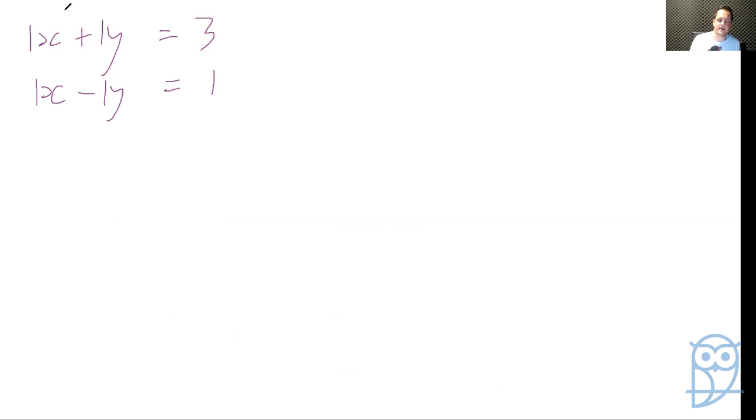So maybe, just maybe, this is the result of matrix multiplication. So I said to you, we could take just the coefficients. 1 plus 1, 1 minus 1. And the reason for that is because there is a vector over here, xy, that we're going to be multiplying on.